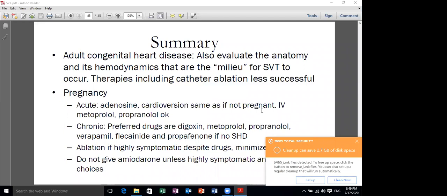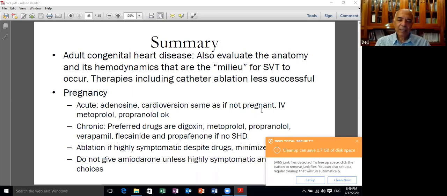Another question, Dr. Mohamed asks about the role of anxiolytics in treating inappropriate sinus tachycardia. The role of anxiolytics in treatment of inappropriate sinus tachycardia is the role of anxiolytics in treating anxiety. The recommended treatment now is talking with the patient, psychotherapy, not resorting to drugs.